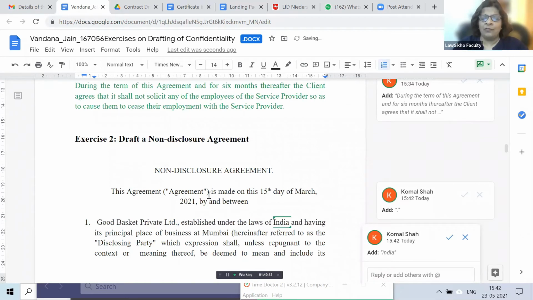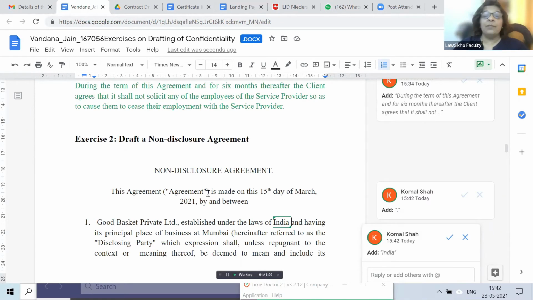There are no laws of Mumbai. Under the laws of India, you can always put this as a company registered under the Companies Act, or you can say company as per.